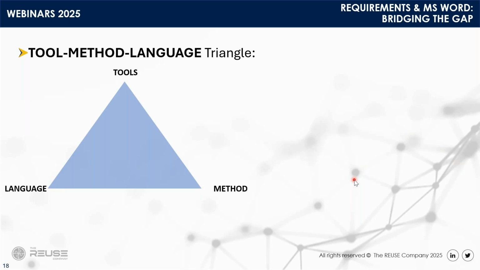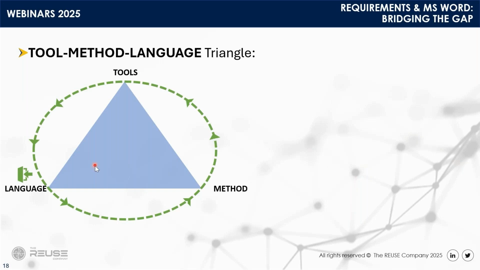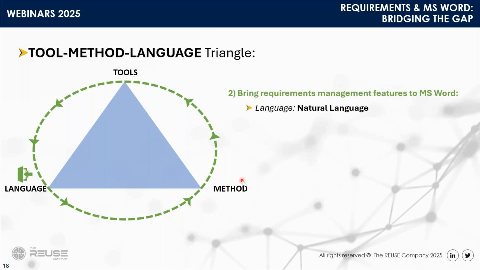So language is the starter, and from this approach you will convey the method, and finally you will choose the tool that will support this approach. So this means natural language is the entry point.